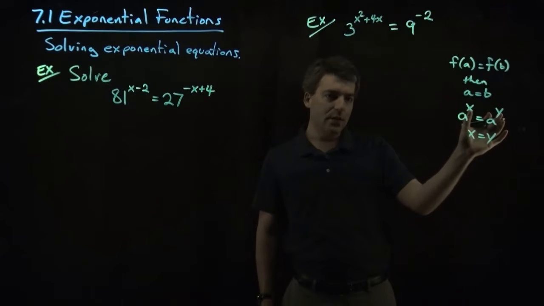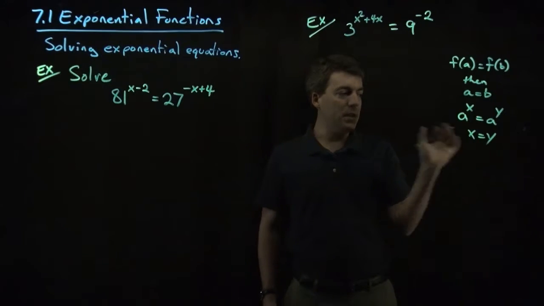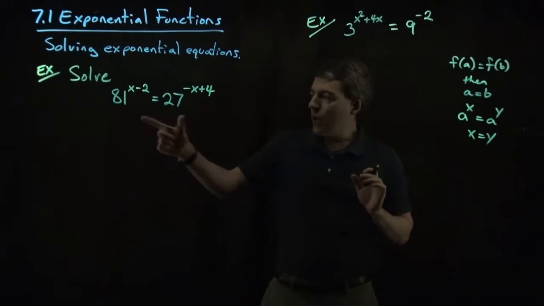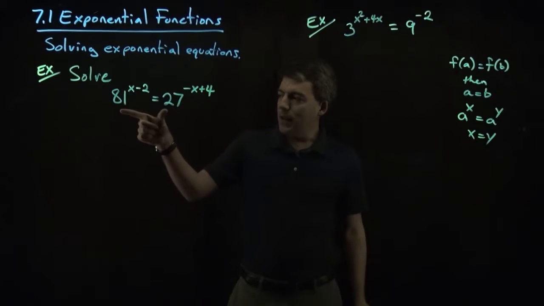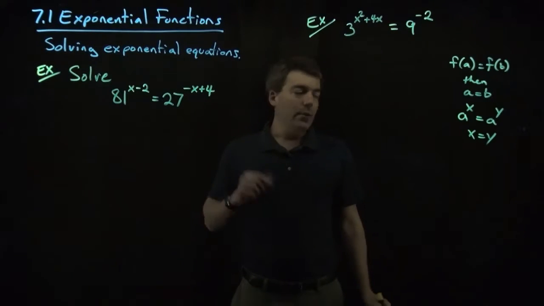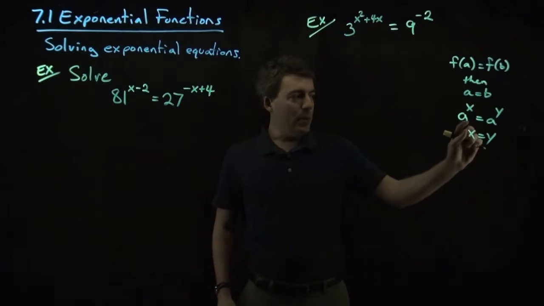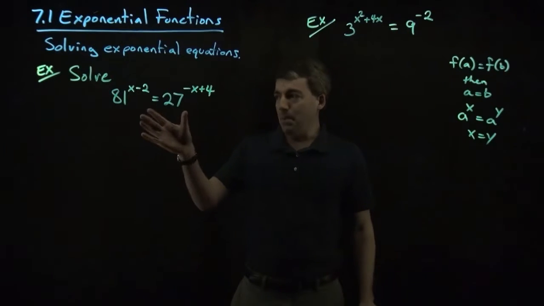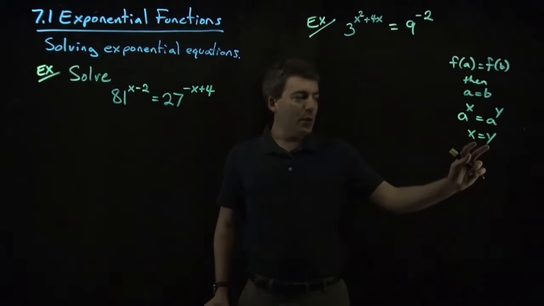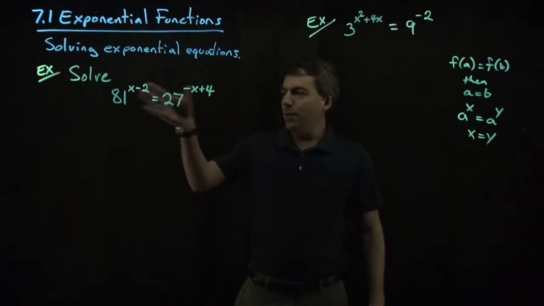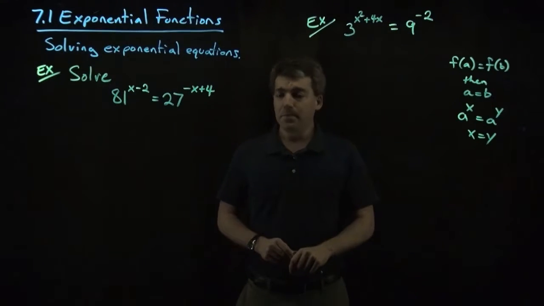Those inputs, the exponents, must be equal. So to solve an exponential equation like this, we want to set it up so that both of the bases on each side are the same. Once they are, we can set the exponents equal to each other, and that will free up the x and we'll be able to solve.